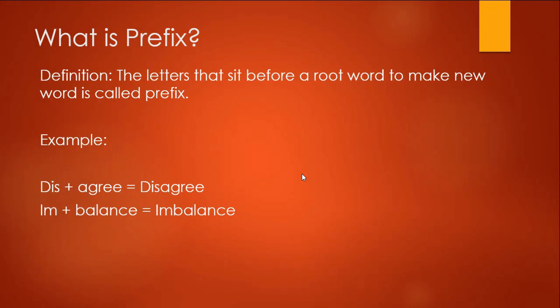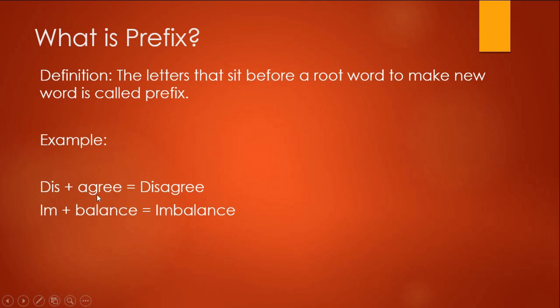Dear students, first of all we have to know what is prefix or suffix. So what is prefix? The definition is the letter that sits before a root word to make a new word is called prefix. Example, you see here dis plus agree.